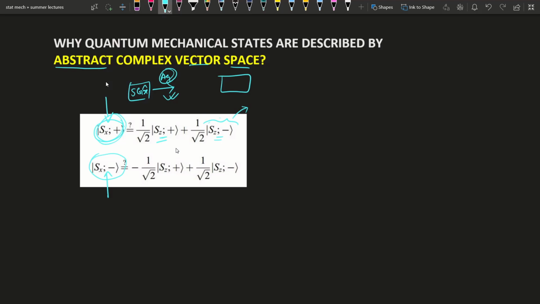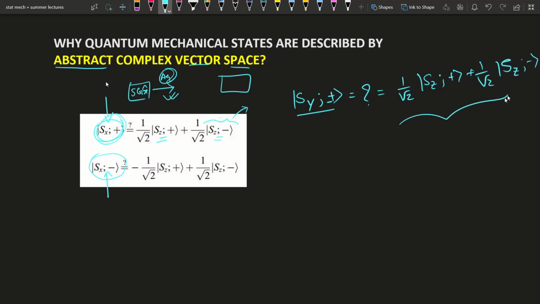Now let us understand what will be the states SY plus and SY minus. Can these also be expressed as a linear combination like the same thing, like Z plus and 1 by root 2 Z minus?